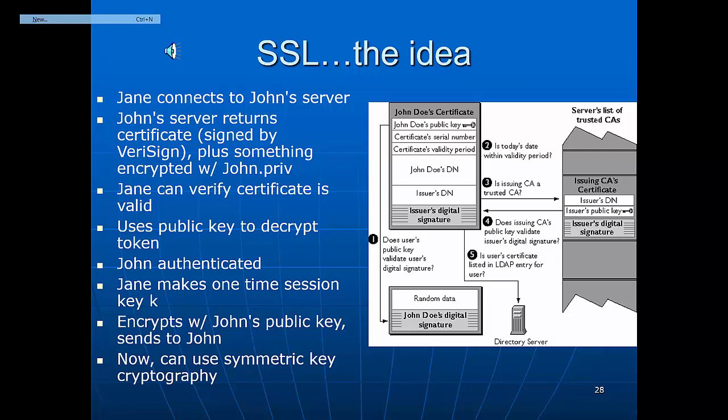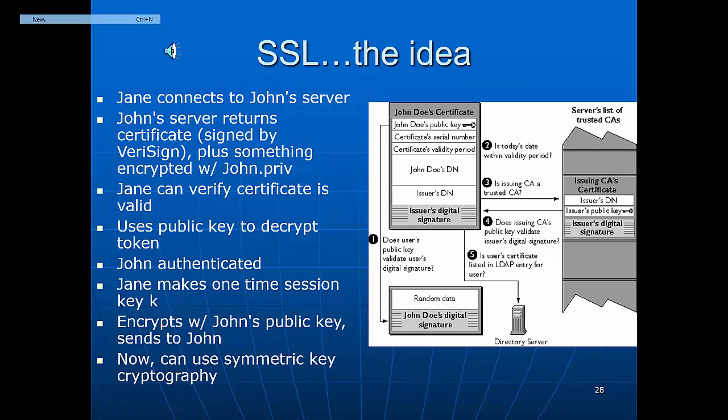The public key is used to decrypt the token, and John is authenticated. So most of that happens automatically for you. Potentially as a user, you might see, depending on your settings, do you trust this organization? What happens then is the browser makes a one-time session key. This is how we're going to set up a time period in which we have secure communication specifically between Jane and John.